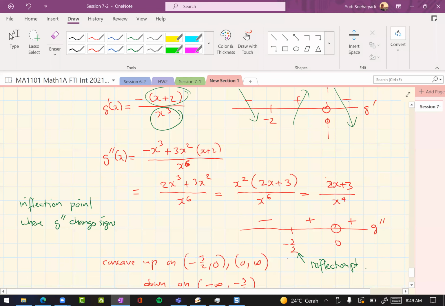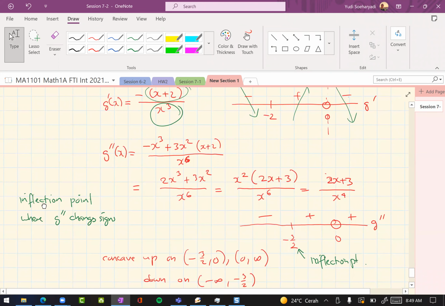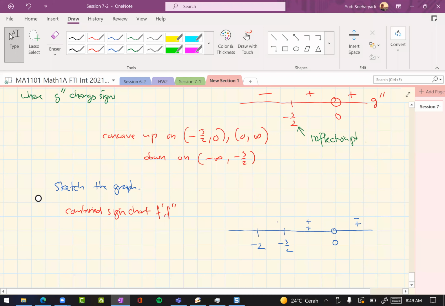Between -2 and -3/2, this is a small interval, so positive, negative. All right. And to the left of -2, it is negative, negative.